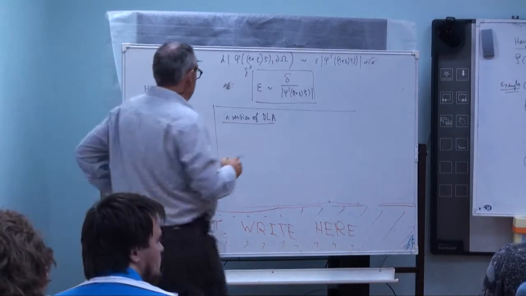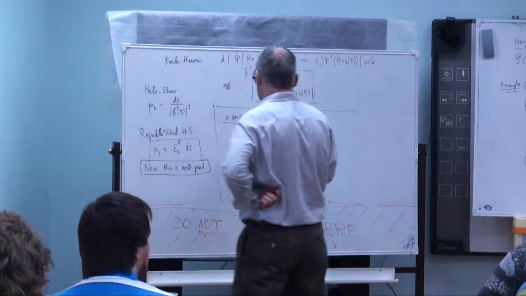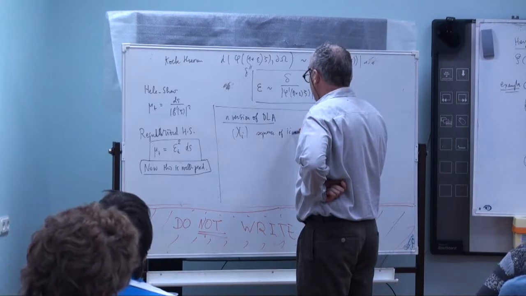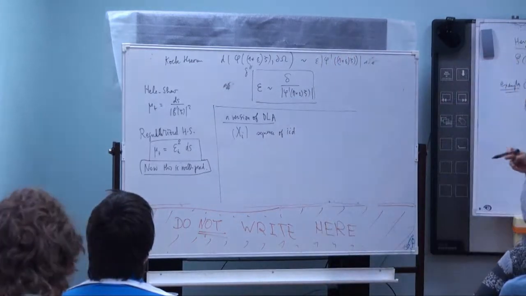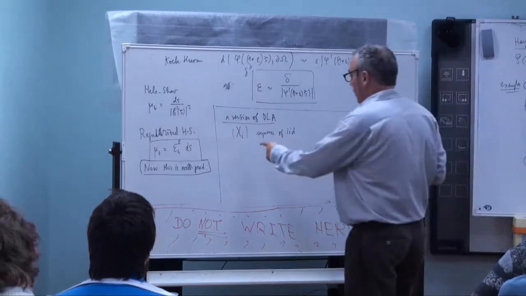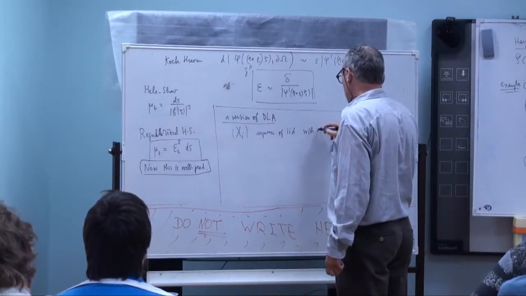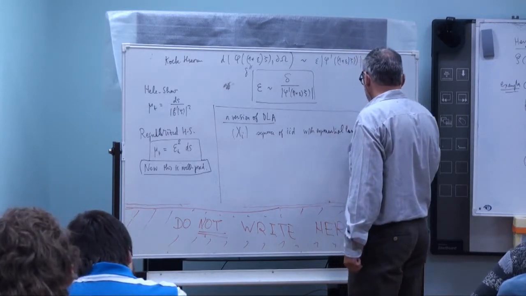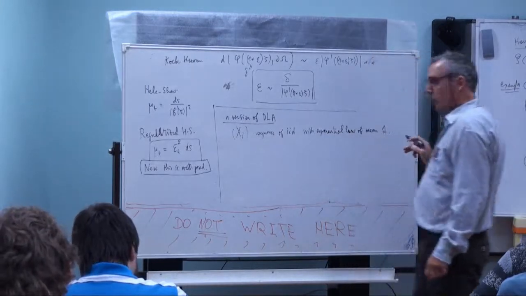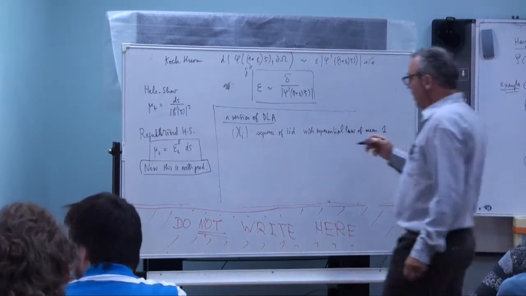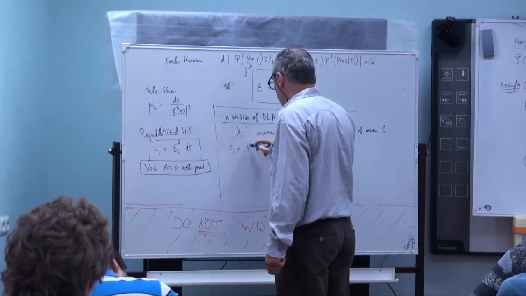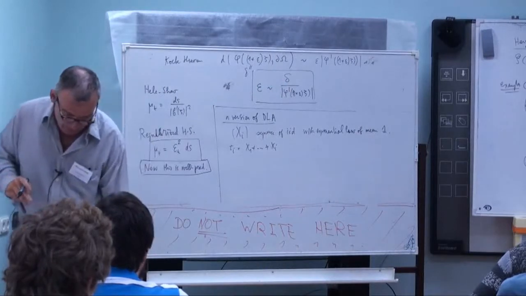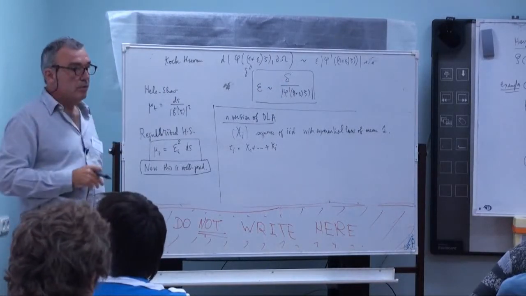So let's consider xi_i, a sequence of IID, so independent random variables with the exponential law of mean 1. Now I define tau_i as being x_1 plus up to x_i. So these are exactly Poisson times.